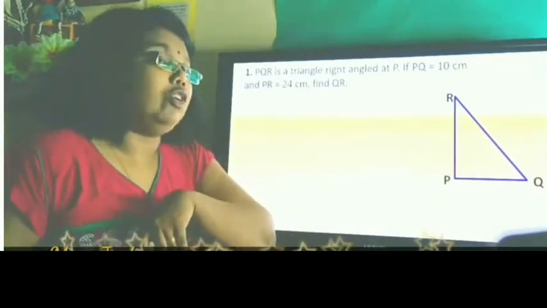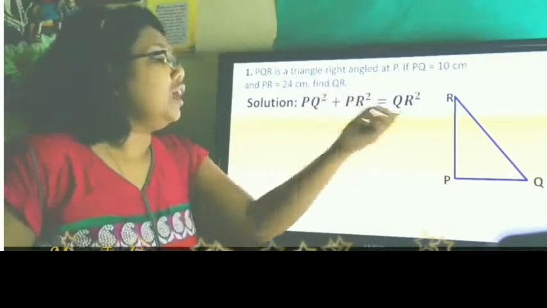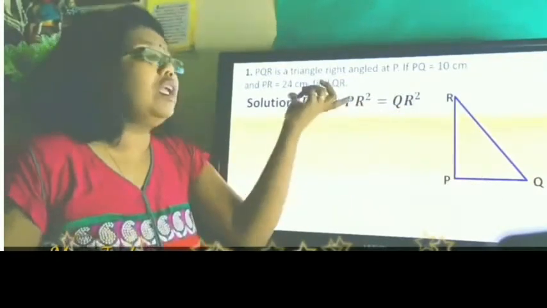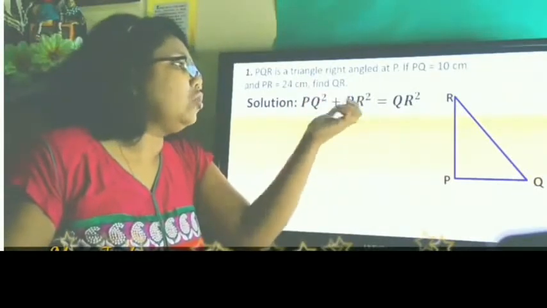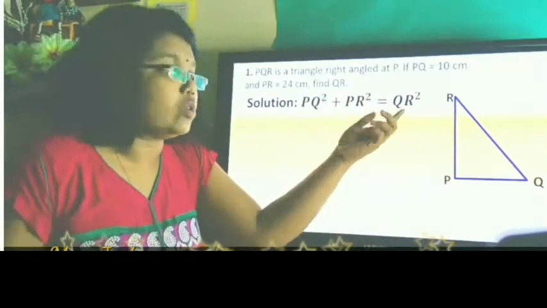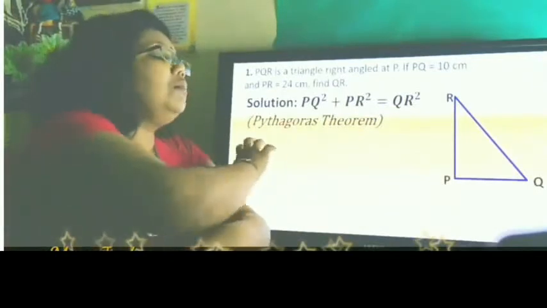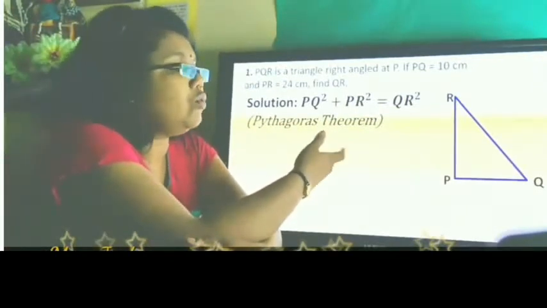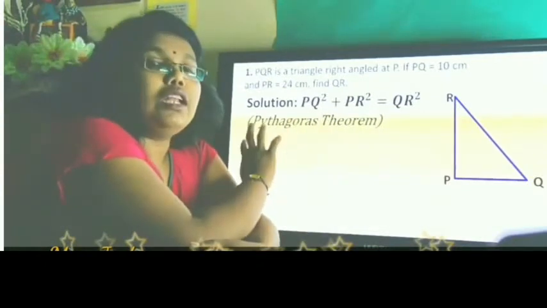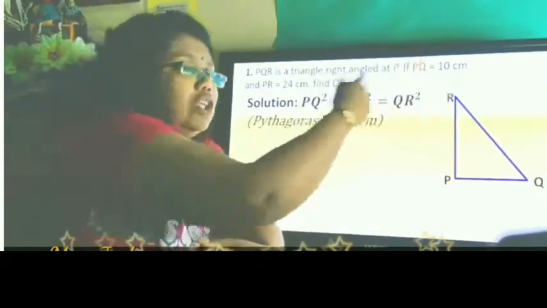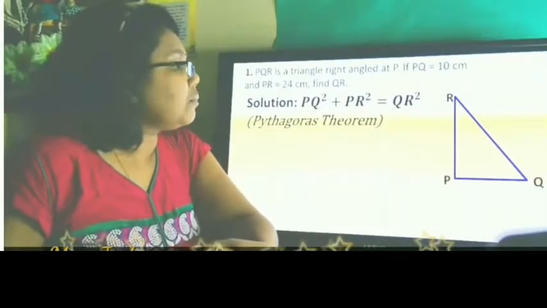For doing that we use Pythagoras property. A square plus B square equals C square. In this case we have the name of the triangle, so we write PQ square plus PR square equals QR square. This is Pythagoras theorem or Pythagoras property. Whichever way you write, it's one and the same. And it has to be mentioned in a bracket next to it, however you write it.